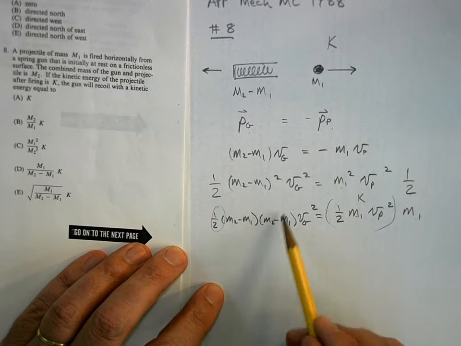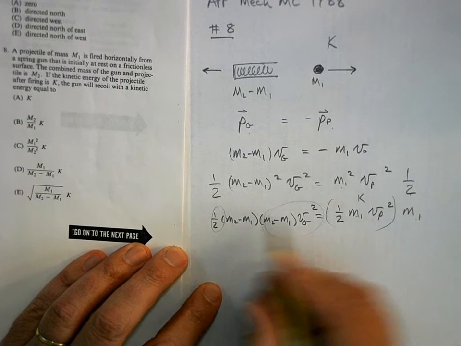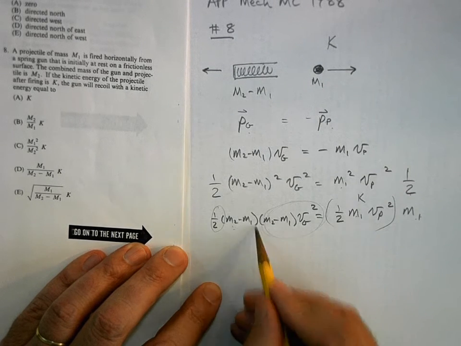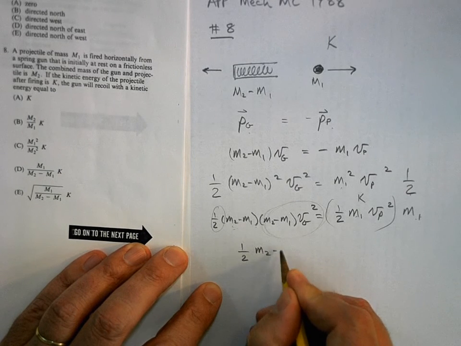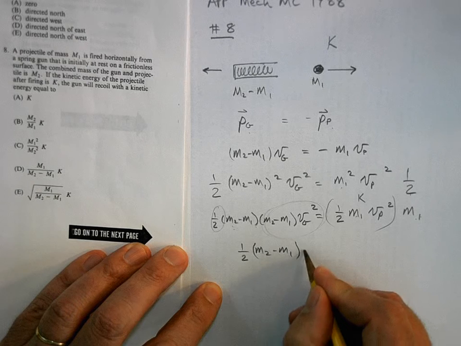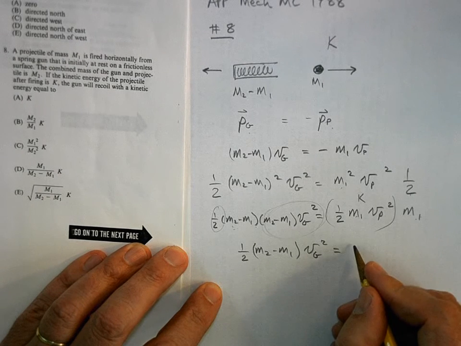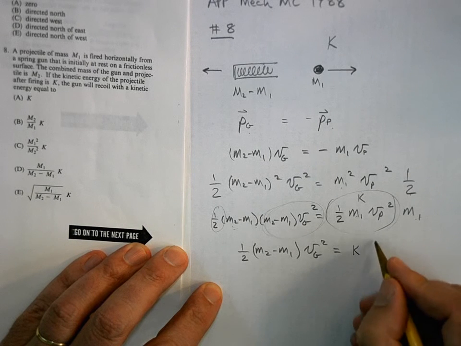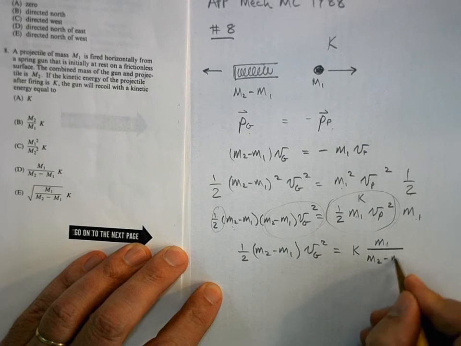Well, I'm going to divide both sides by M2 minus M1. So I've got 1/2 M2 minus M1 times the velocity of the gun squared, and that's going to be equal to K times M1 over M2 minus M1.